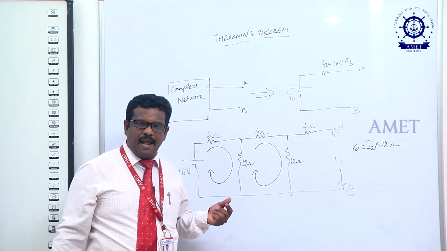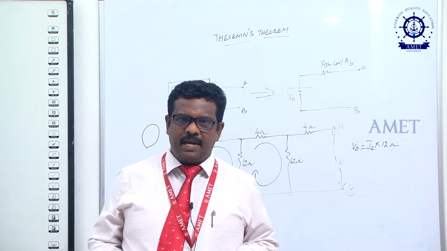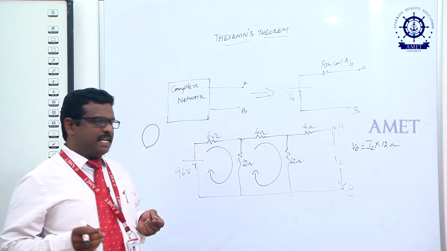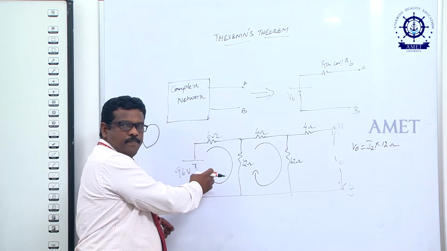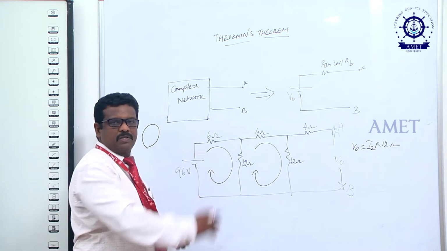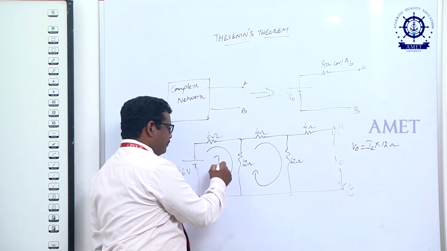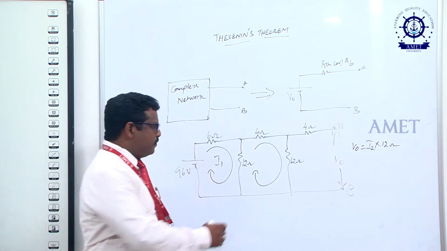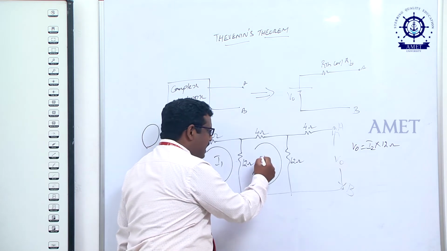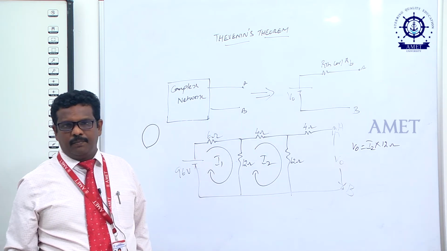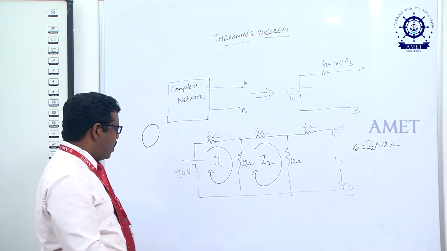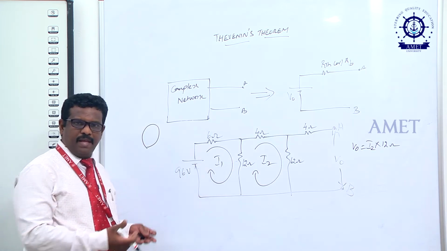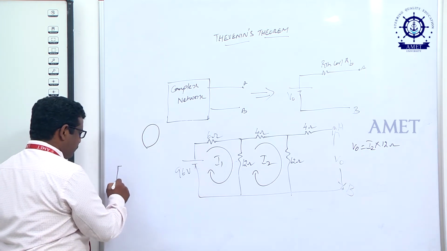As I said in my previous lecture, by applying the Kirchhoff law in the first loop, the current flowing through the first loop is called the I1 current. The current flowing in the second loop is called the I2 current. Very simple, right.